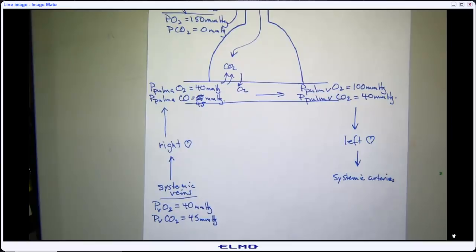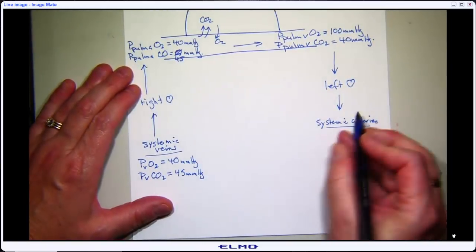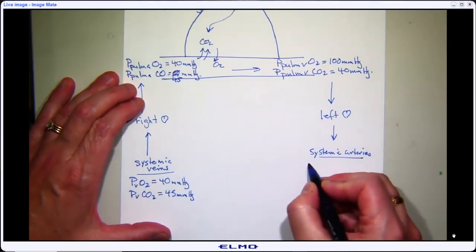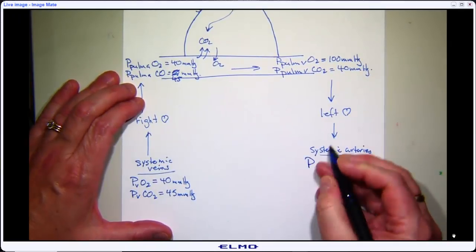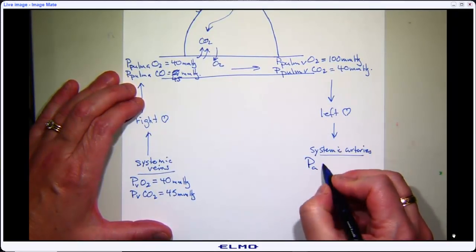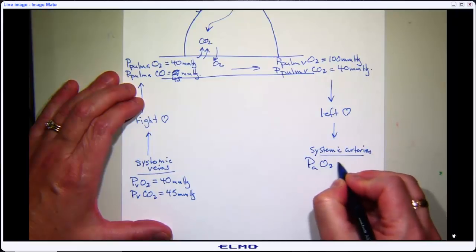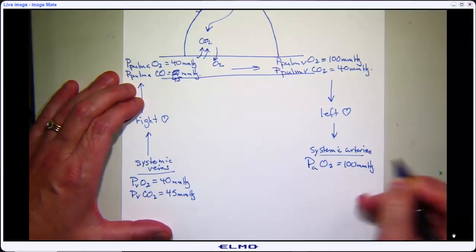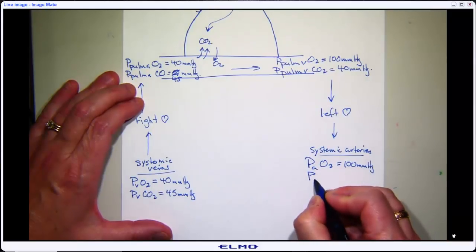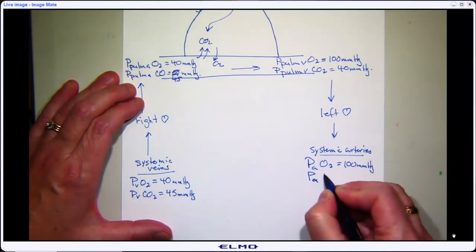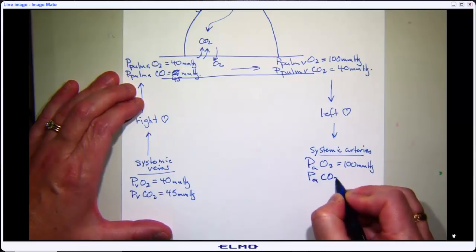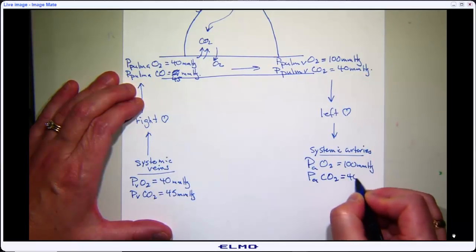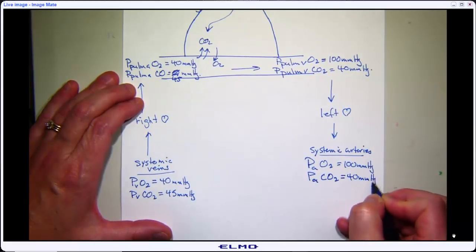We didn't change anything, we just fed it through a pump. Okay, so in our systemic arteries, we should fully expect to see partial pressures of oxygen being 100 millimeters of mercury, and partial pressures in our arteries of CO2 being 40.